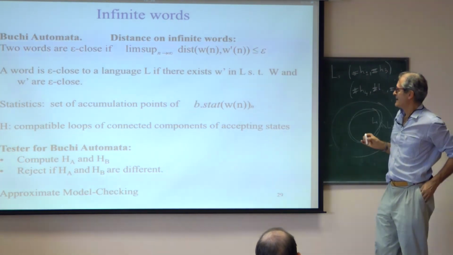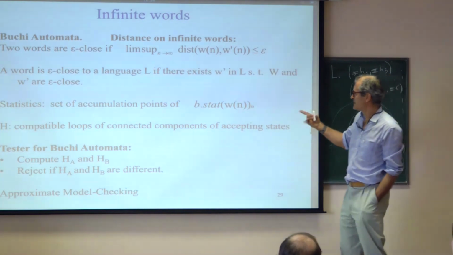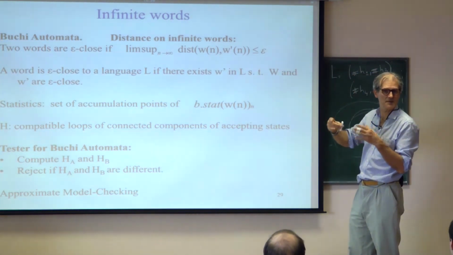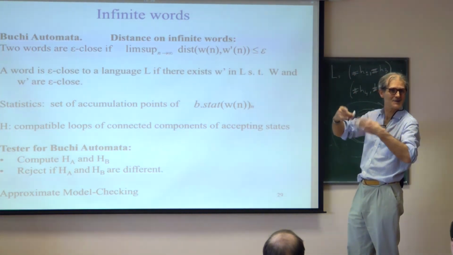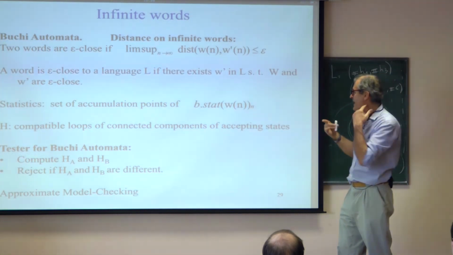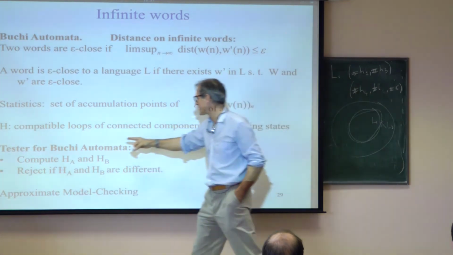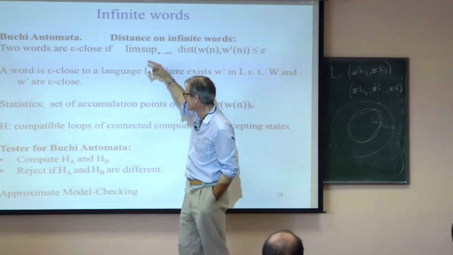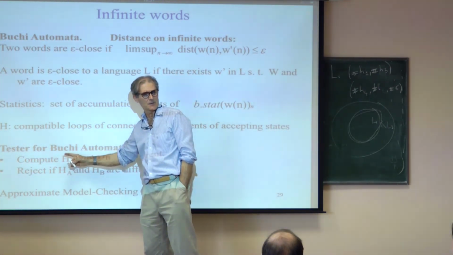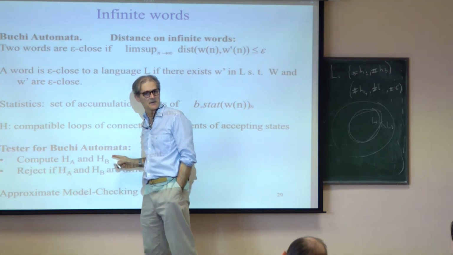Then you want to check whether my language satisfies this property, and from the formula you get a Büchi automaton. So you do exactly the same thing, but now you get automata that will consider infinite words.